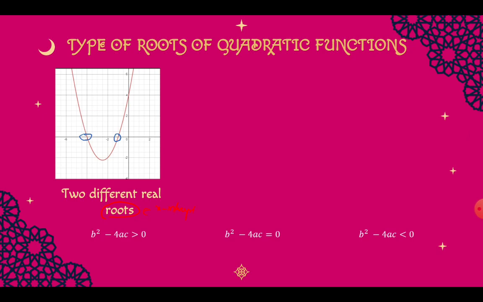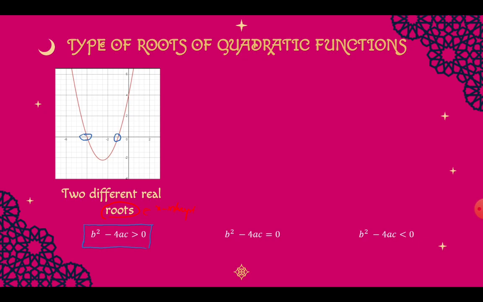So for the relation between the type of roots and the discriminant, when we have two different real roots, the discriminant must be greater than 0. The discriminant must be positive.